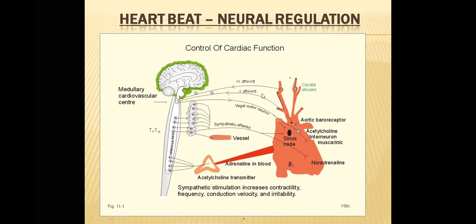When the baroreceptors, through the 10th and 9th afferent nerves, send signals that blood pressure is decreased, then what happens? The brain acceleratory center will be activated, and that will send signals through the T1 to T5 fibers to sympathetic efferent fibers, so that the activity of the SA node and AV node will be increased and BP will be increased.